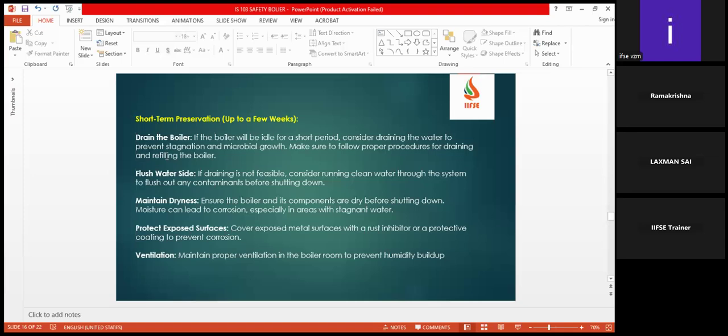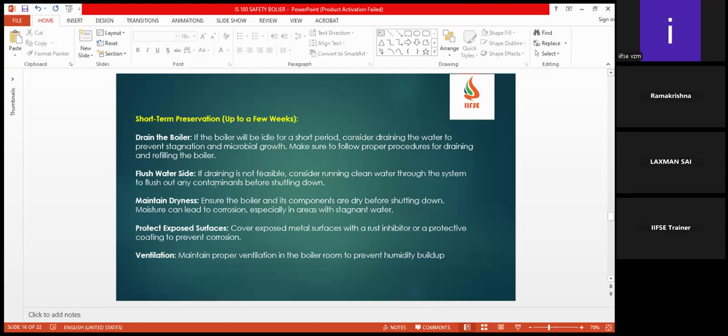If the boiler will be idle for a short-term period, consider draining the water to prevent stagnation and also microbial growth. Make sure to follow a proper procedure for draining and also refilling the boiler. So once you start the preservation process, you have to drain the water completely.